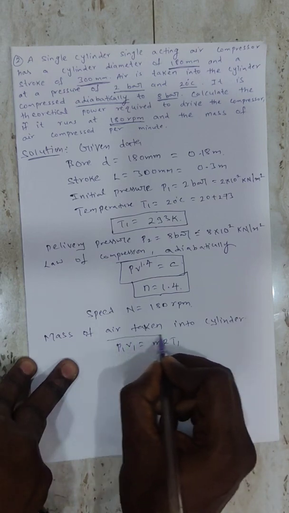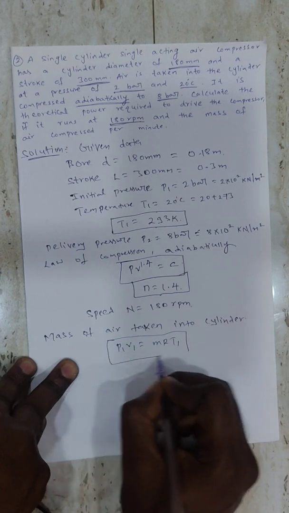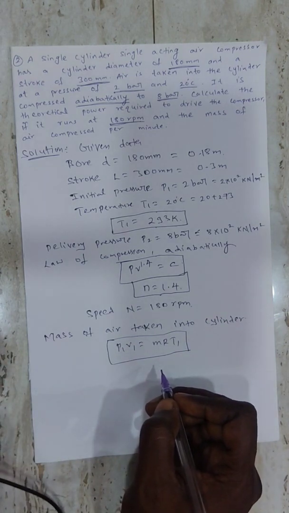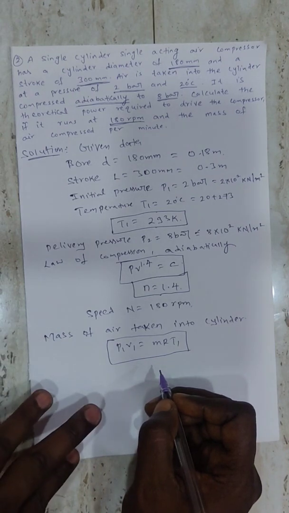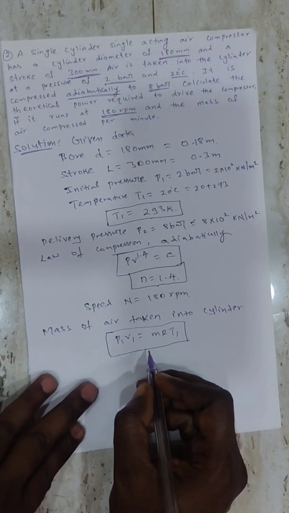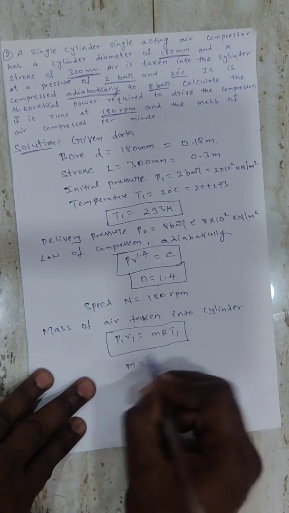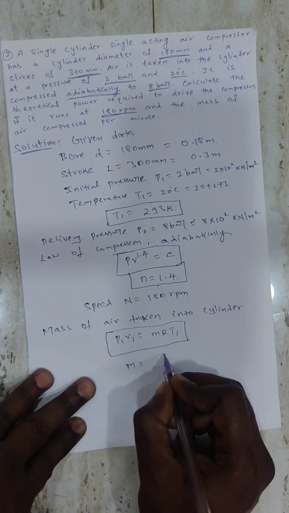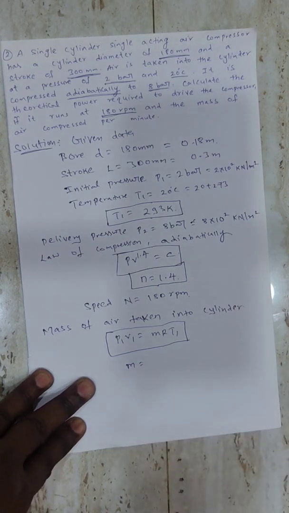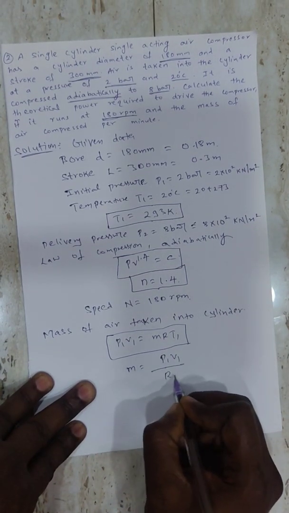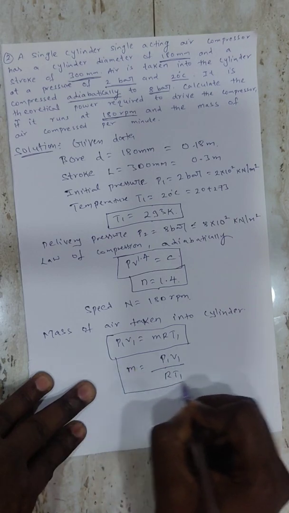We don't know the volume, so first we will find out the volume. Then M is equal to P1 V1 by R T1.